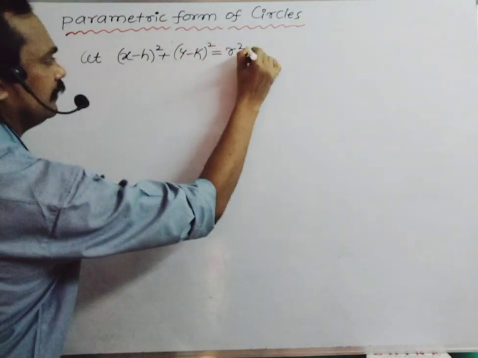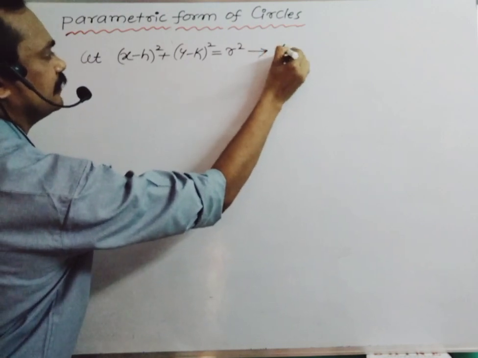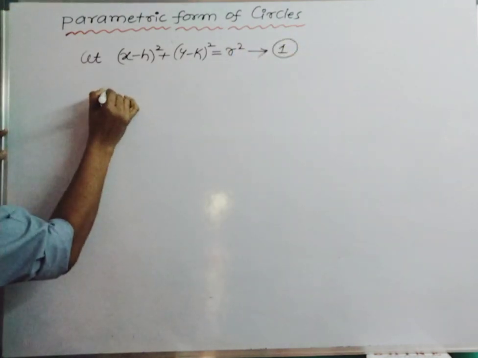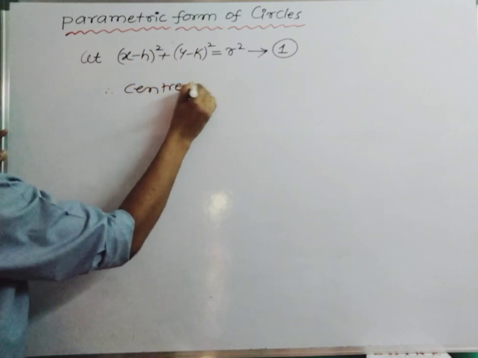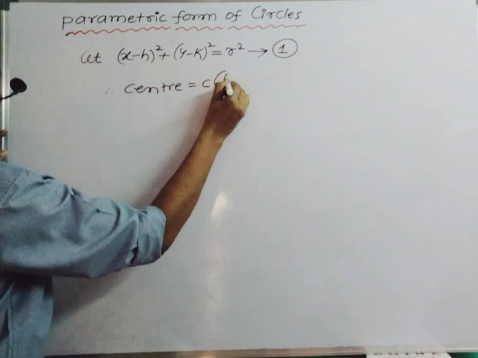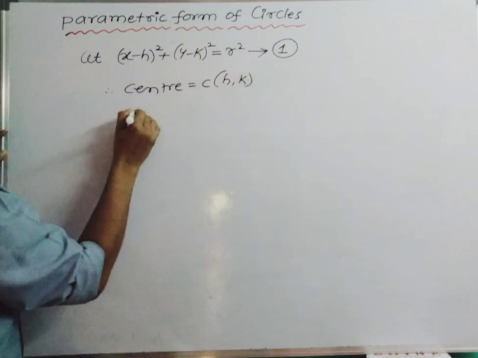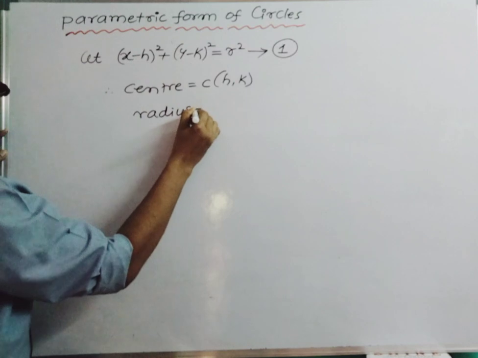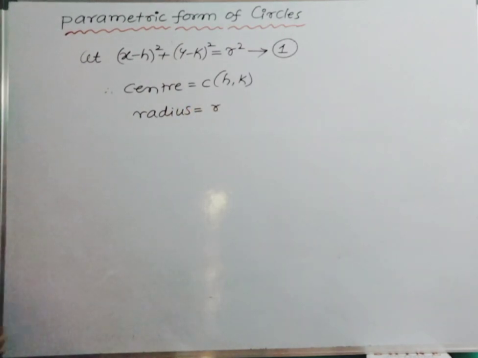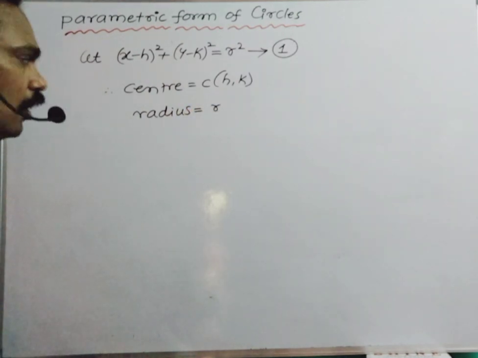This is a circle. What is the center of this circle? You know already, it is the circle equation with center h comma k, and the radius is small r.